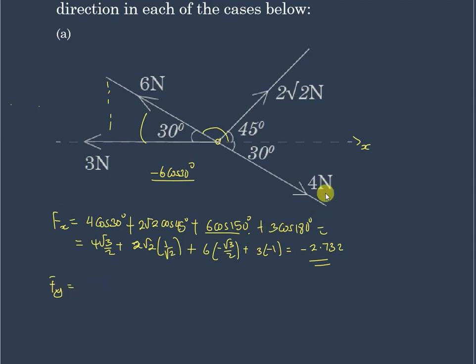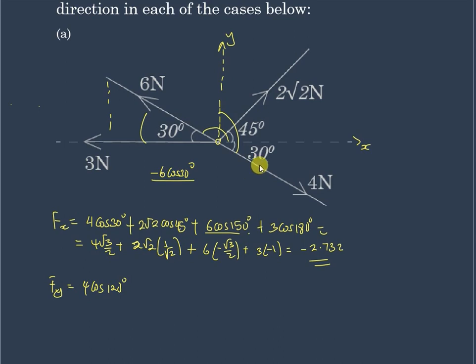Then we get the component along the y, fy. This force has a component along the y, which is got by getting 4 times the cosine of the angle between that force and the y-axis. That is 120 degrees. The y-axis is like there, and the angle we are talking about is this, because you are resolving this one along with the positive y-axis.